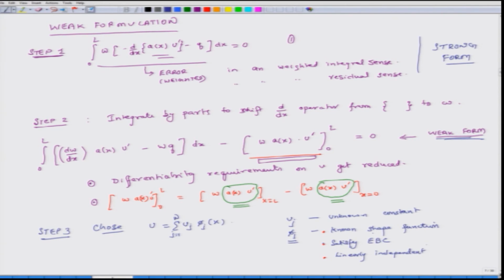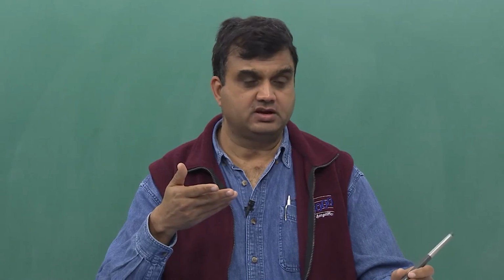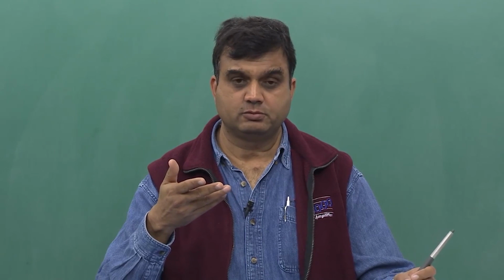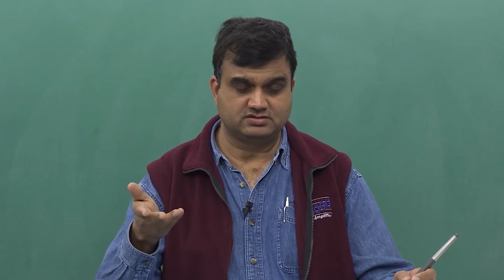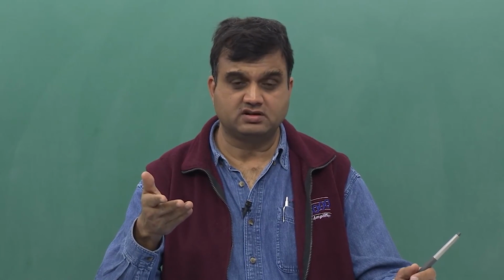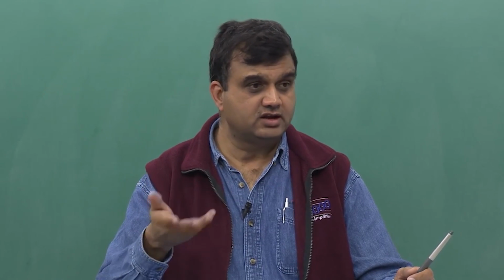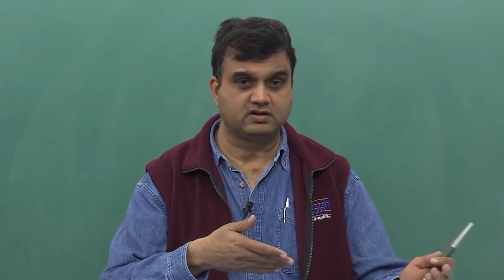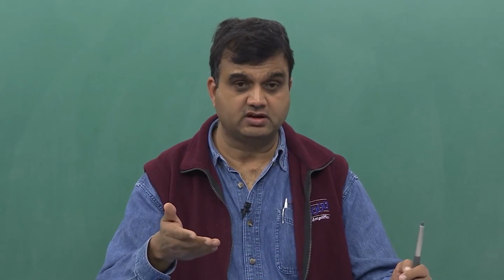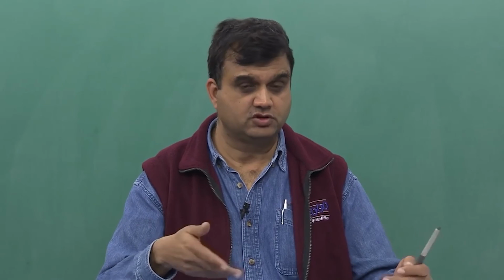What does that mean? Suppose I take Fj as x, for instance. For the first shape function I pick Phi1 equals x, then the next shape function should not be a linear combination of Phi1. So, it could be x square, that is fine, but it cannot be 2x because it is a linear multiple.